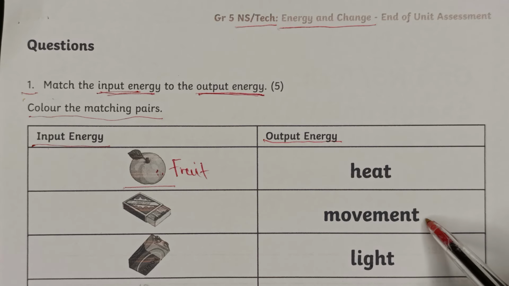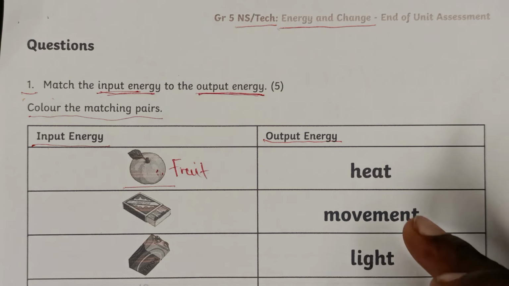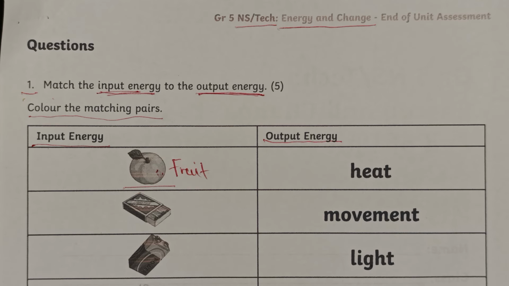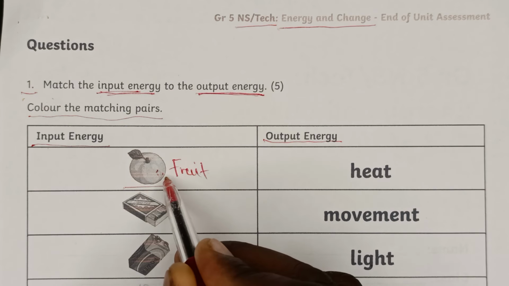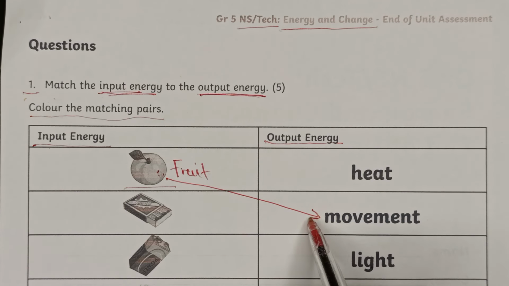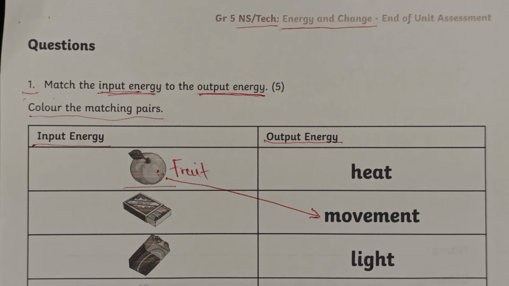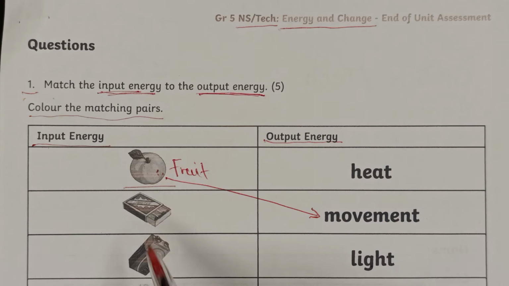No. Do you get light? Definitely no. Electricity? No. So what kind of output energy does a fruit give you? It is movement, because when you have energy, you can move and work, you can do a lot of things just because you have got energy.